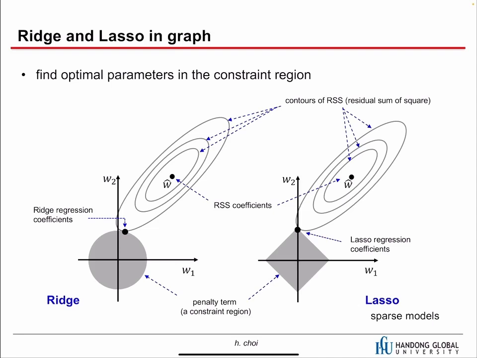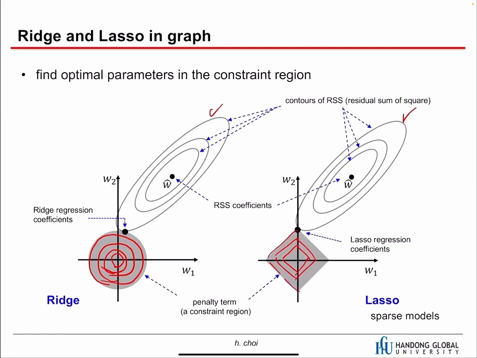Okay, so we have objective function with the contours here and here. So basically the same objective functions. Then ridge regression says we want our parameters around these zero vectors. And lasso regression says we want our parameters within these areas.